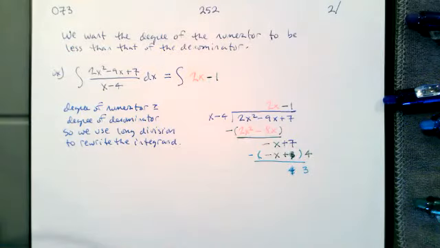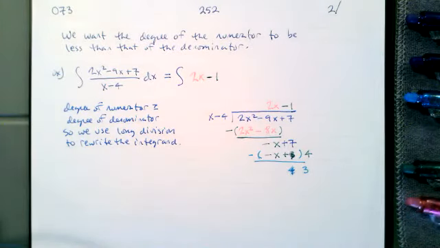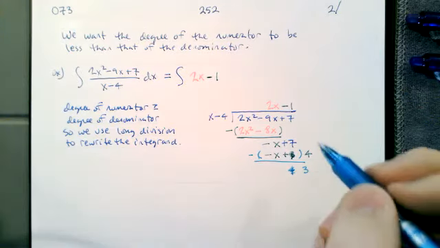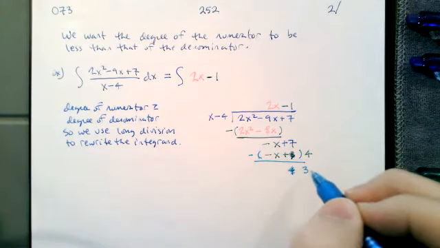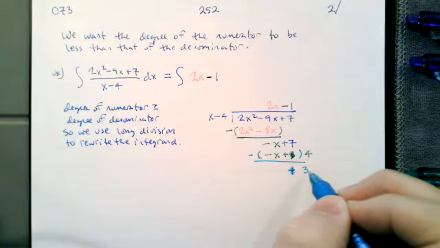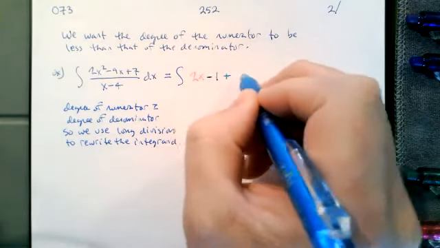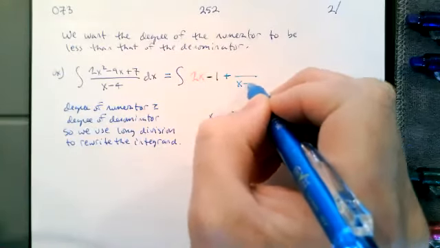Arithmetic is not my strong suit. I noticed that none of you caught that mistake, so minus 1,000,000 points for everybody. 7 minus 4 is 3, so that's the remainder. So 2x minus 1, the fraction is going to be 3 over x minus 4, so plus 3 over x minus 4.